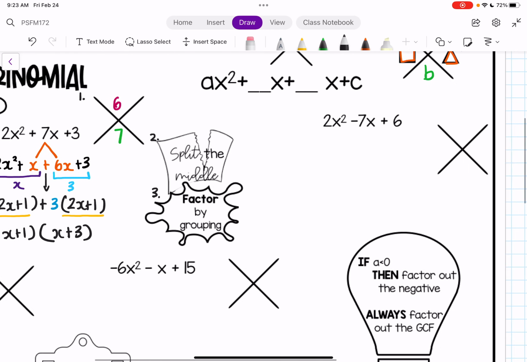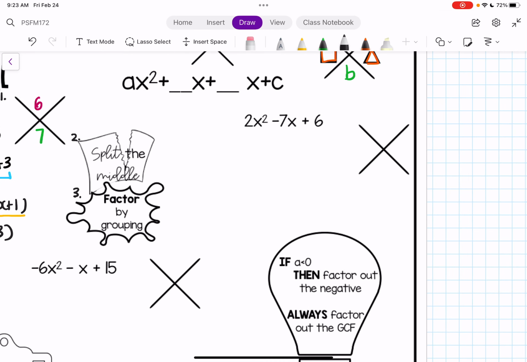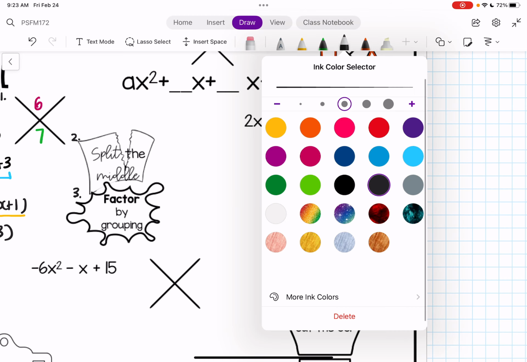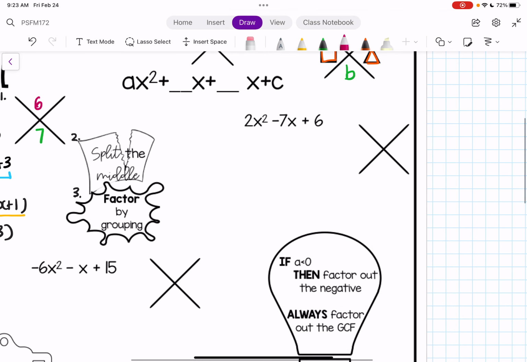Okay, let's move on to the next one. Here we're looking for two numbers that multiply to 12 and add up to negative 7. So those two numbers are going to be negative 3 and negative 4.